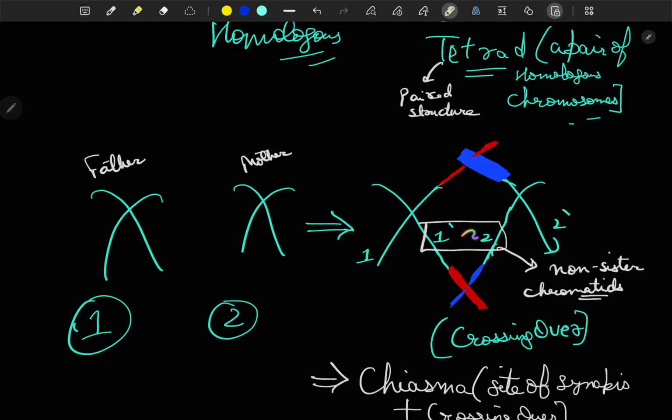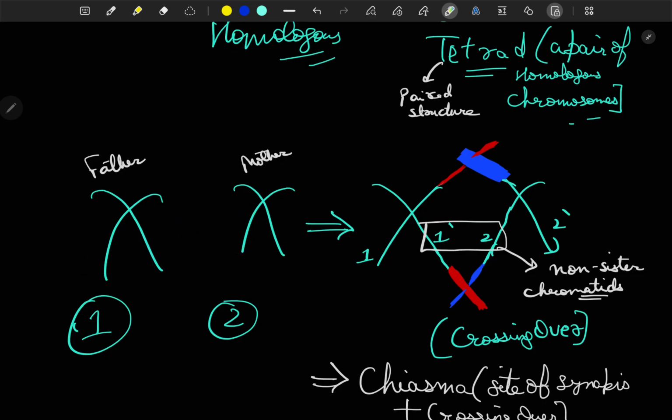Now what happens is some part of the father chromatid gets cut and realigned to the mother part, and some part of the mother chromatid gets cut and realigned to the father part, at the same point. These are non-sister chromatids. 1 dash and 2 are non-sister chromatids because they are not related to each other, since the father has 1 and 1 dash, and the mother has 2 and 2 dash.